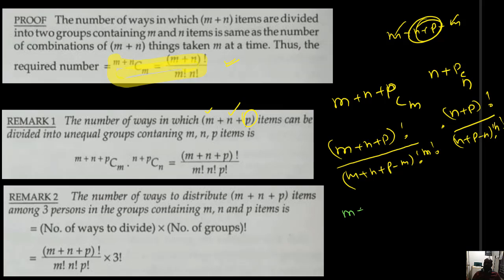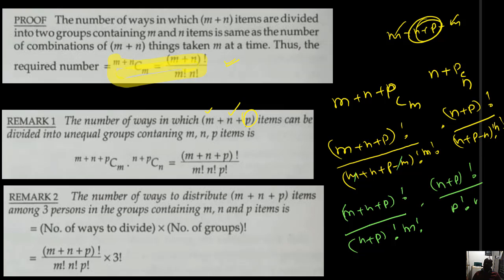What happened? (m plus n plus p) factorial by here (n plus p) factorial into m factorial, into here (n plus p) factorial by, n gets cancelled, p factorial into n factorial. This gets cancelled. But the answer: (m plus n plus p) factorial by m factorial into n factorial into p factorial.